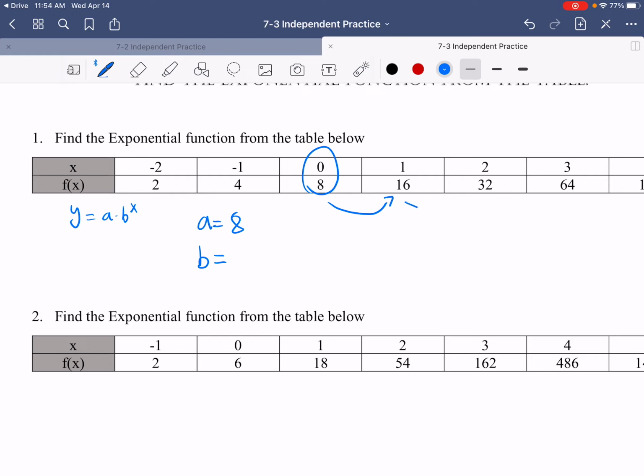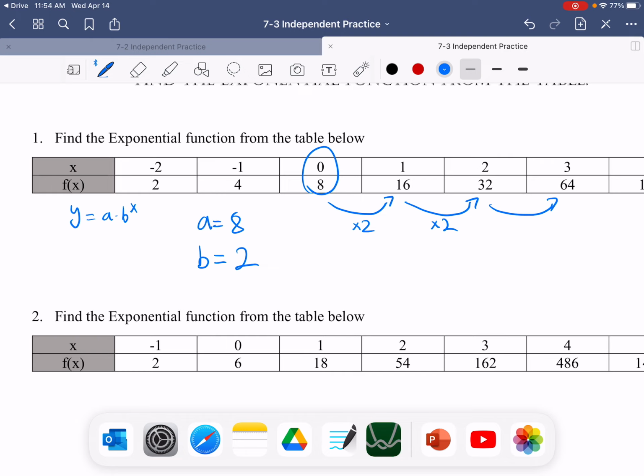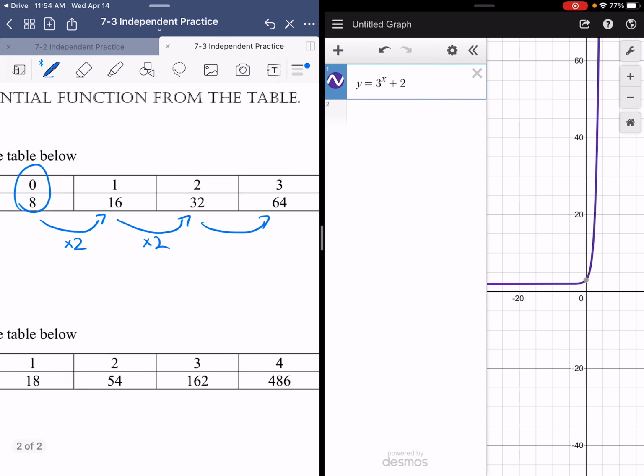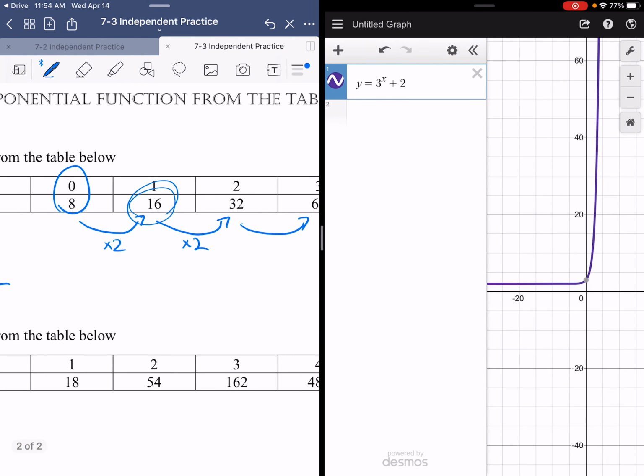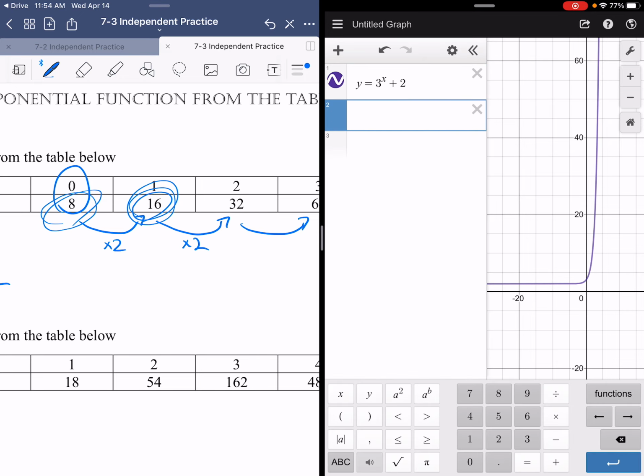8 to 16, 16 to 32, like that. To me, it looks like it's times by 2. Just in case, if you do not know how to do it, use a calculator. Use the second number divided by the first number, like 16 over 8. So you get 2.